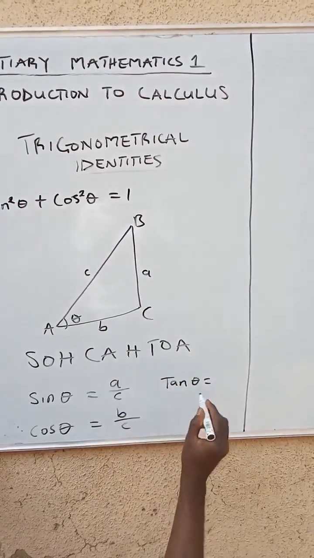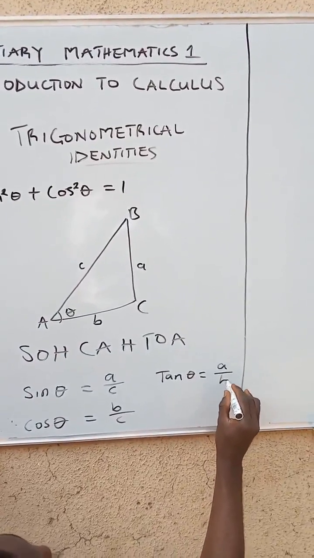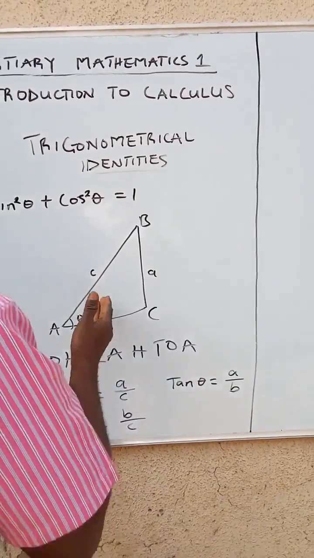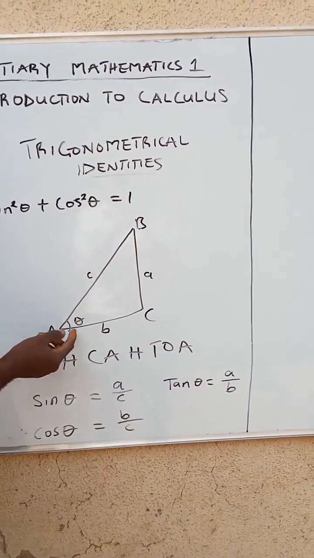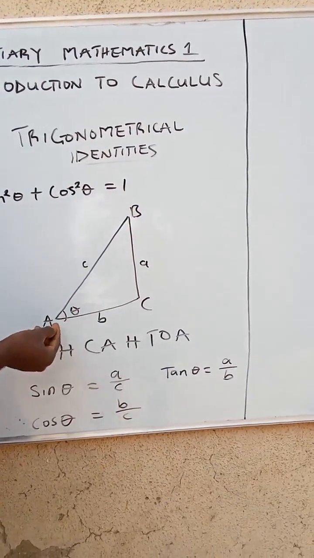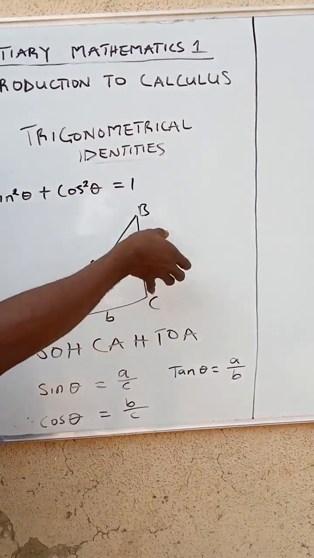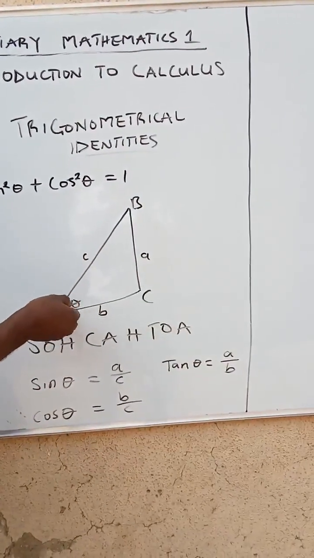That is A over B. Now, how did I know that this place is the adjacent? This is the angle here. This is the longest side. This one that is attached directly to the angle is the adjacent. This is the opposite, it is facing the angle.